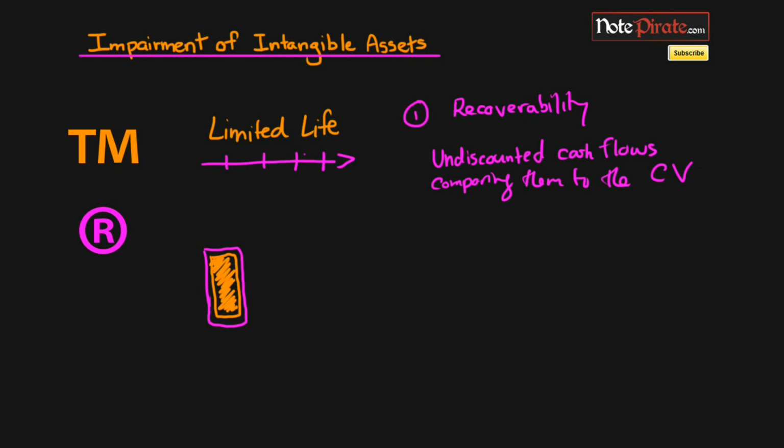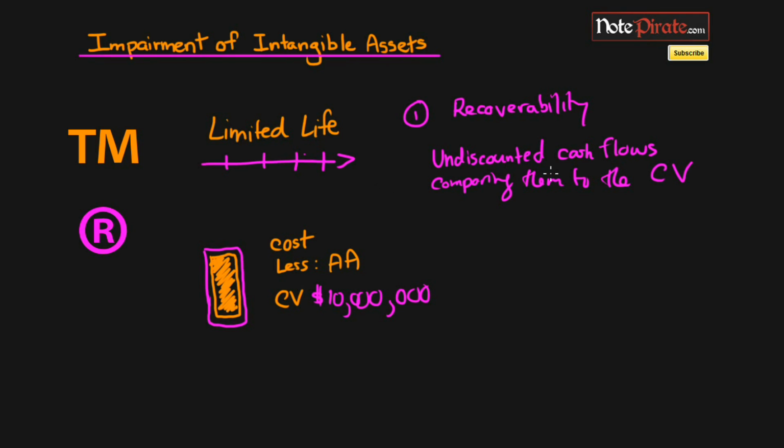And the carrying value, if you forget, is just cost less the accumulated amortization. Let's say our carrying value is $10 million for this patent. So the carrying value on our books is $10 million.